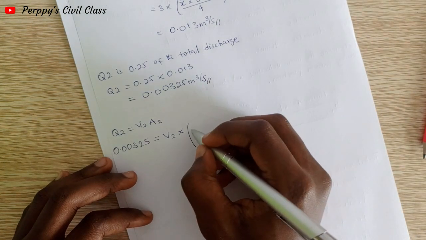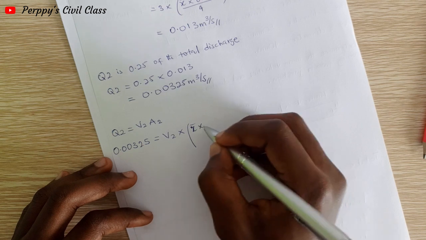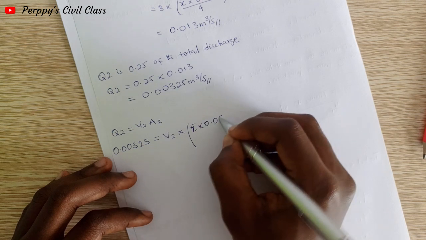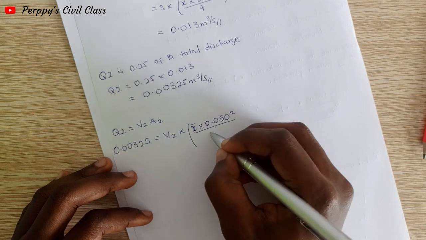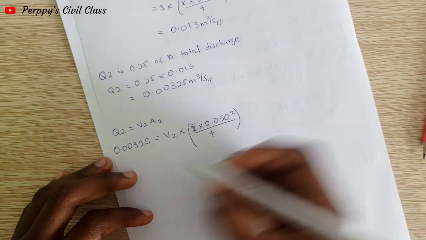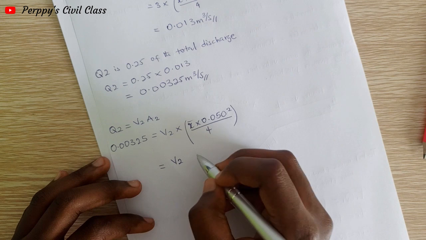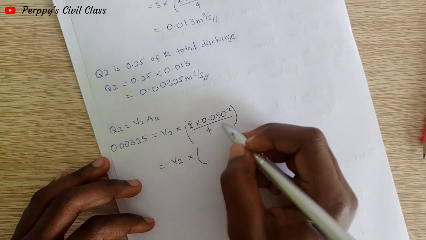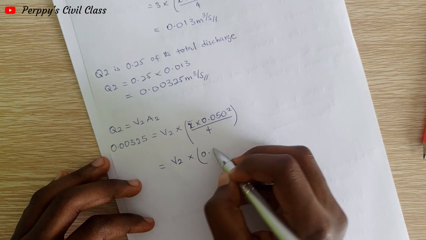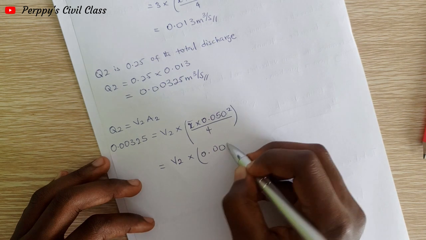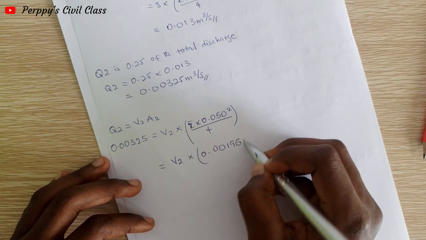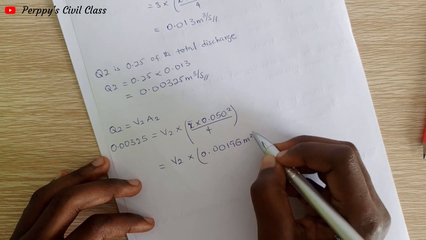Therefore we have pi times 0.050 squared all over 4, and this gives us V2 times 0.00196 meter squared.